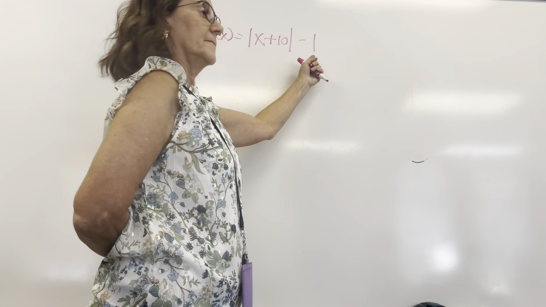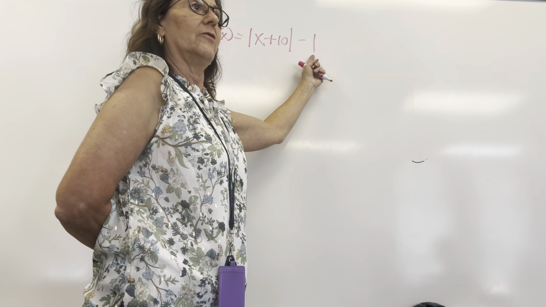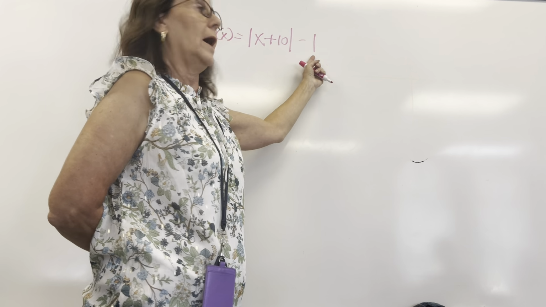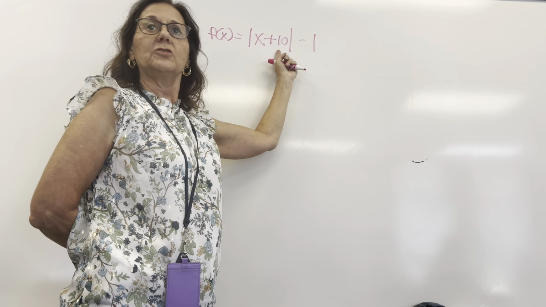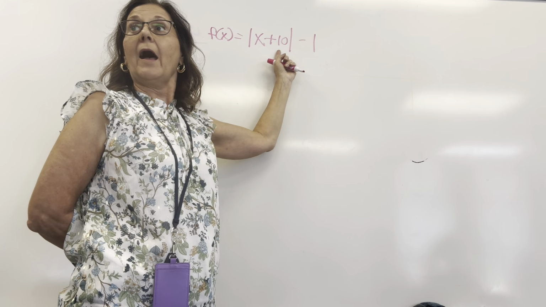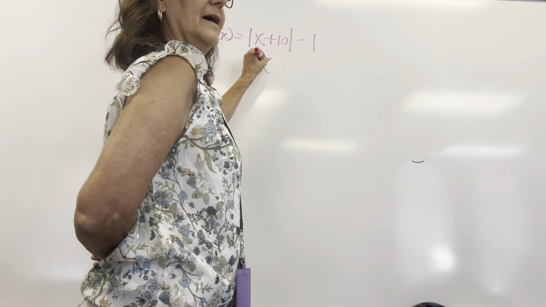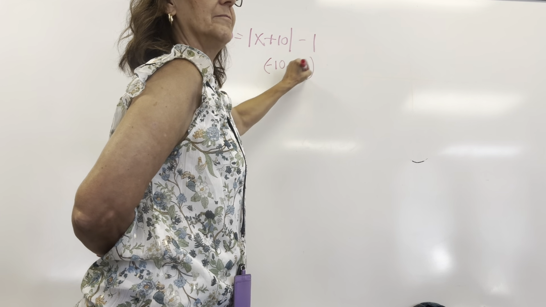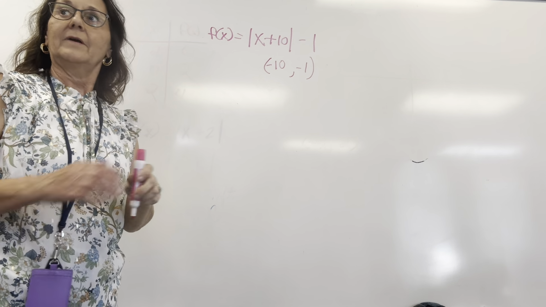Okay, this is vertical or horizontal? Vertical. Vertical shift down by 1. What is this, vertical or horizontal? Horizontal shift left by. All right, so where's my vertex? Opposite, same. Got it?